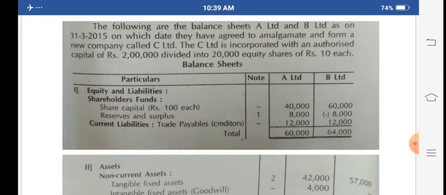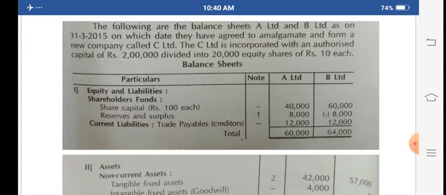So A Limited and B Limited are going to amalgamate into a new company, C Limited, whose authorized capital is rupees 2 lakh. While calculating, it is not considered; it is only shown as authorized capital, but it doesn't matter for the calculation.